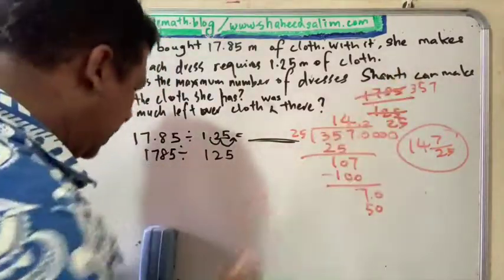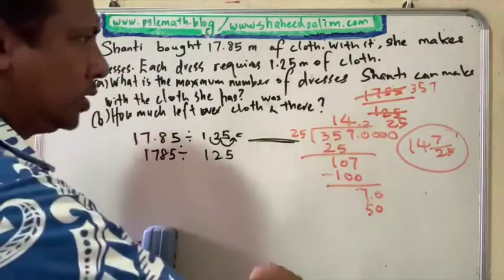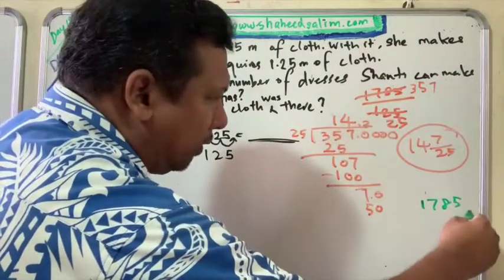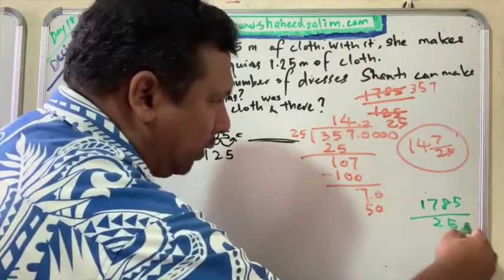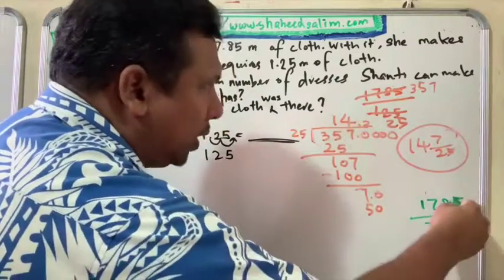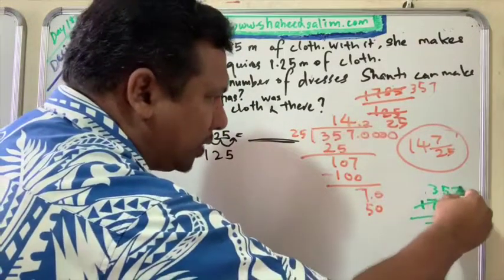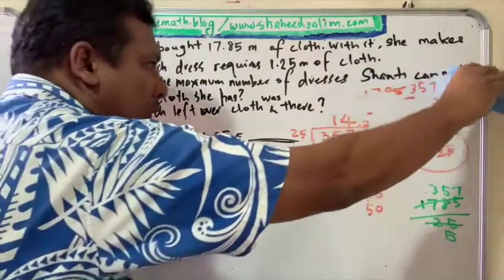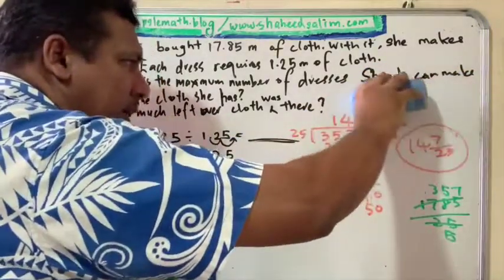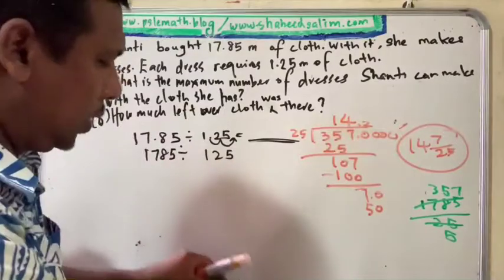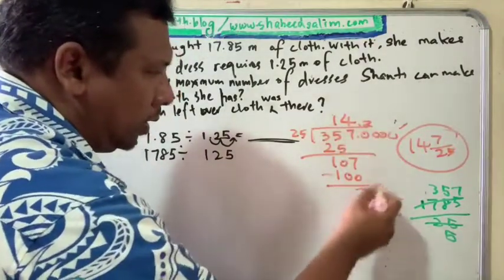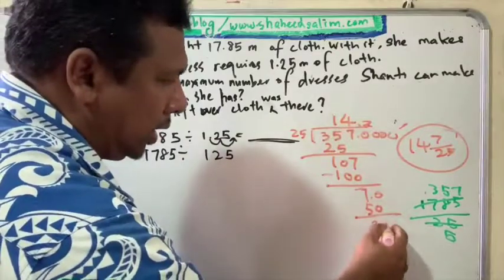Okay, I'm going to rewrite this here so that we don't miss out. This is 1785 divided by 25. We divide by 5, 357. So now we're going to continue this to find the decimal. You get 2 over here, minus again, you get 20.